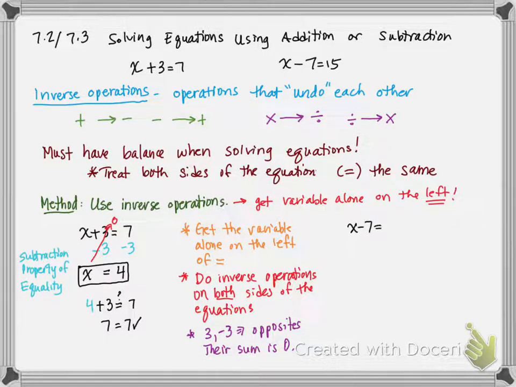All right, let's talk about that other one we had at the top. x minus 7 equals 15. The inverse of subtraction would be addition, so I'm going to add 7. It's always the number that's on the same side as the variable, because I want to get the variable alone. So this is called the addition property of equality.